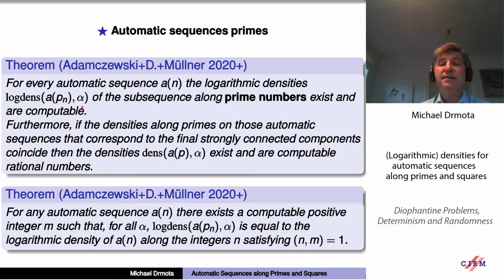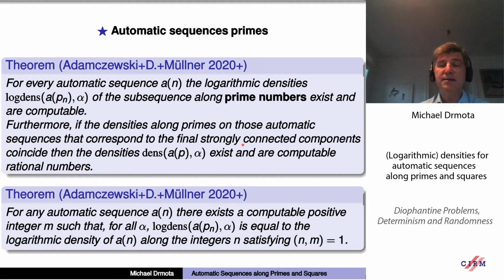And we can decide whether these logarithmic densities are not only logarithmic densities, but actually densities. You have to look at the final strongly connected components, so, well, this minimal automaton.